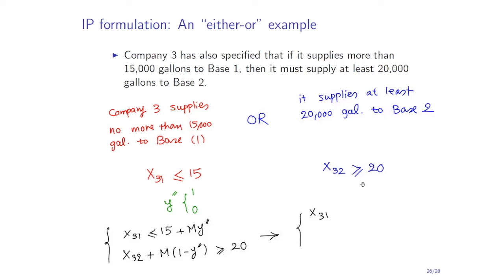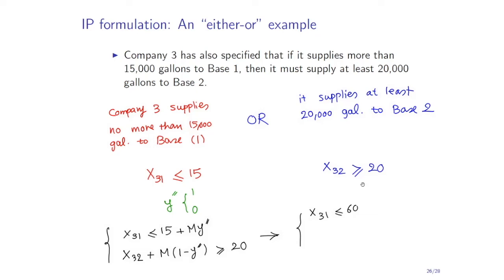Remember that the third company cannot supply more than 60,000 gallons of fuel in total. Okay, let me check this value again. Yes, the third company cannot supply more than 60,000 gallons. So a condition like this, less than or equal 60, is enough for me.